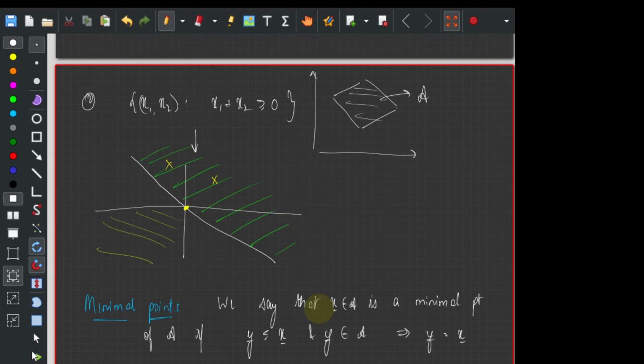Similarly, just like a minimal point, you can also define a maximal point.